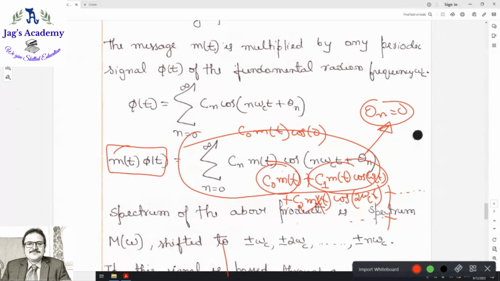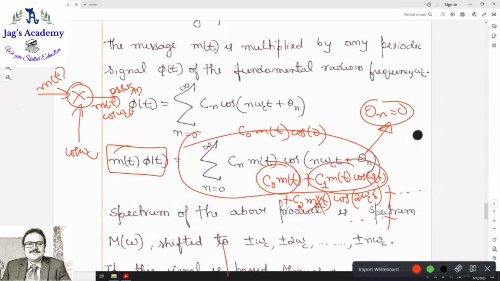What you require is just this, your m of t, I am repeating every time, cos omega ct. So what you require is only m of t into cos omega ct. This is your DSBSC EM wave.